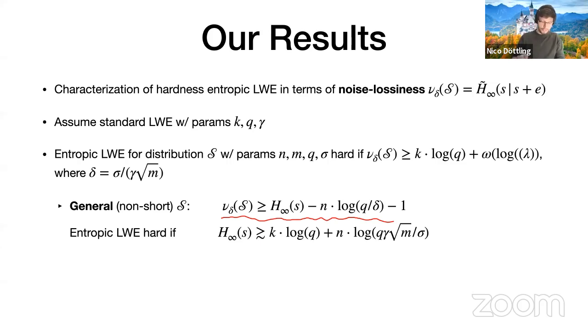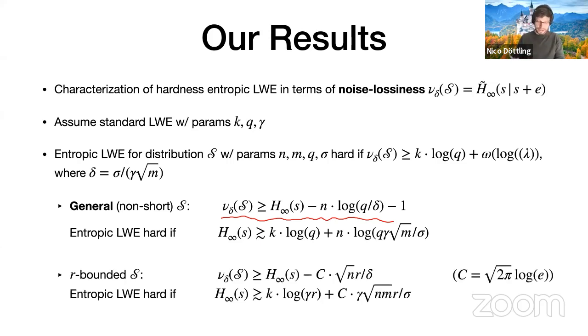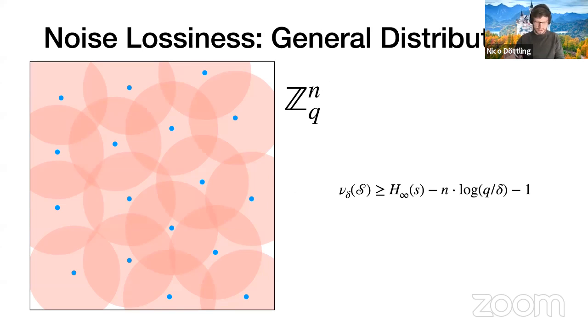It's much better for ball-bounded distributions, where the noise lossiness kicks in much faster, or equivalently, the entropy requirements for entropic LWE to be hard are much smaller than for general entropic secrets, which might be an explanation why all prior works looked into distributions of short secrets. Now I'm running out of time.